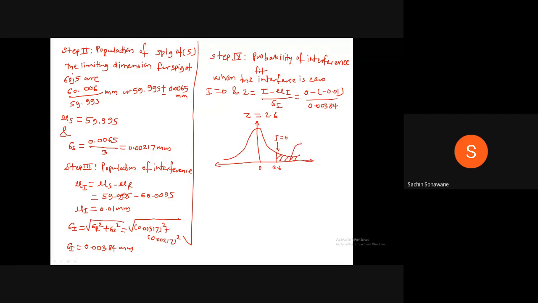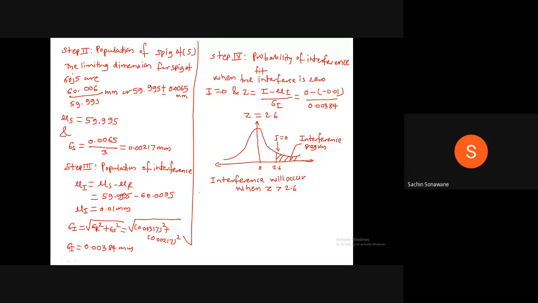Therefore, this region is known as interference region. Therefore, you can write down that interference will occur when Z is greater than 2.6.